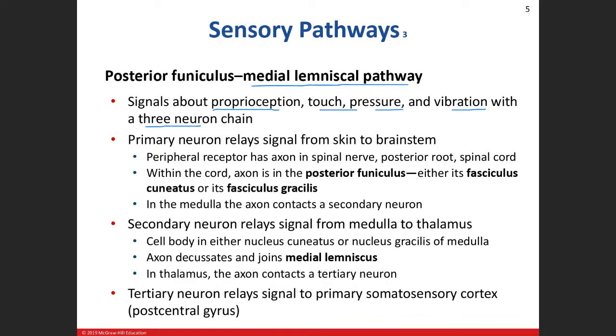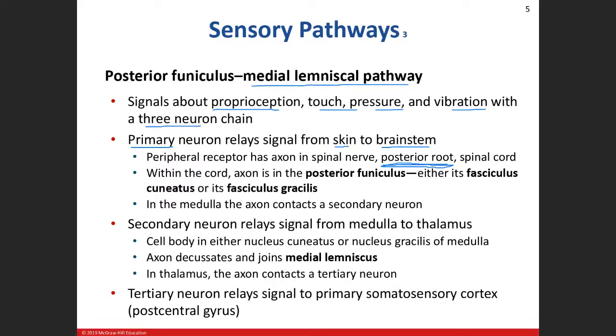The primary neuron is going to go, for example, from the fingertip, the skin, all the way to the brainstem, okay? So the peripheral receptor is out there in the fingertip. It travels towards the spinal cord. Its cell body is in the posterior root ganglion. It enters into the spinal cord through the posterior root.